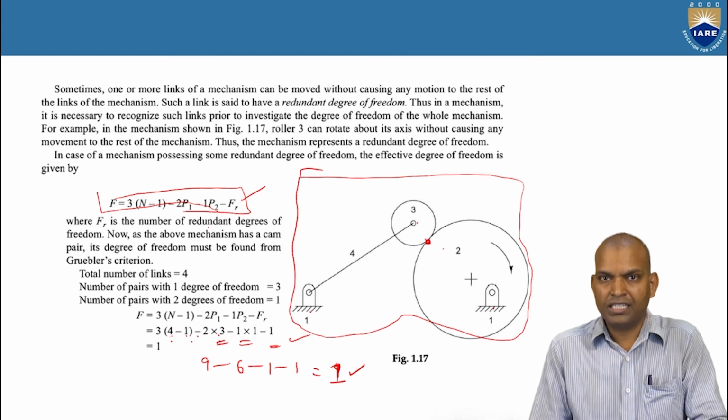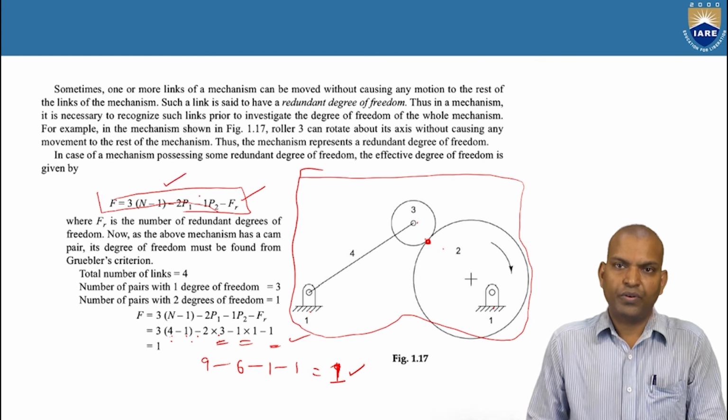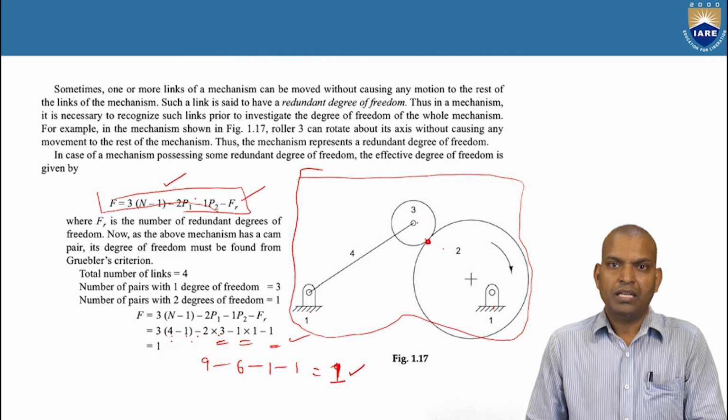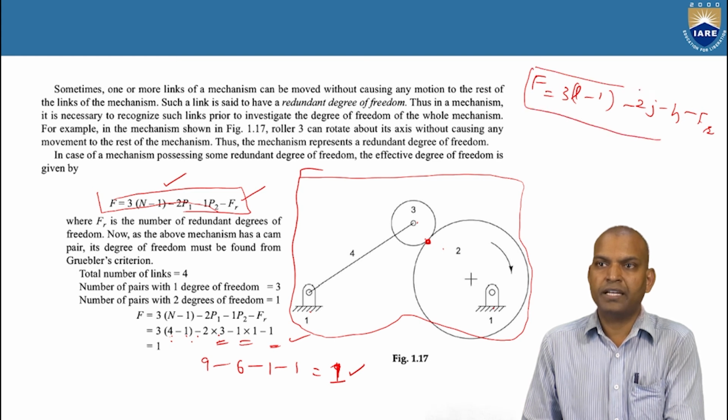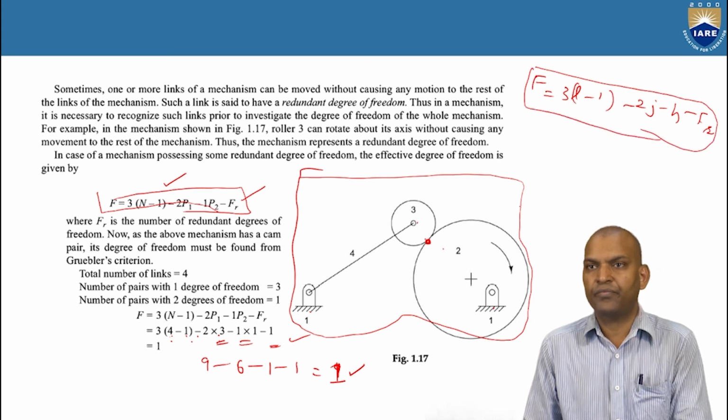Okay, here is the final formula to find the degrees of freedom. Here I used 3(L - 1) - H - Fr. That is the final degrees of freedom formula, including redundant degrees of freedom.